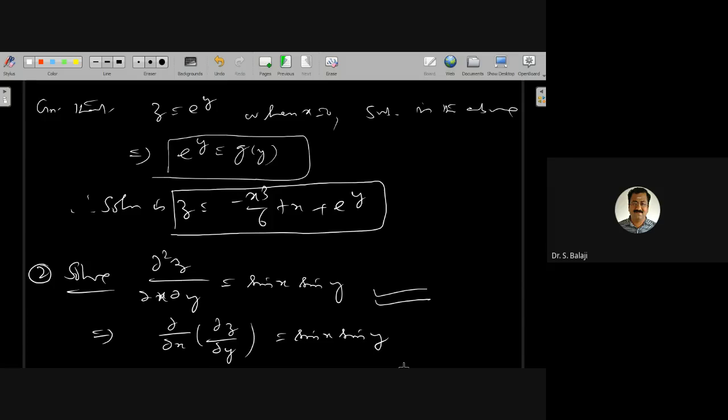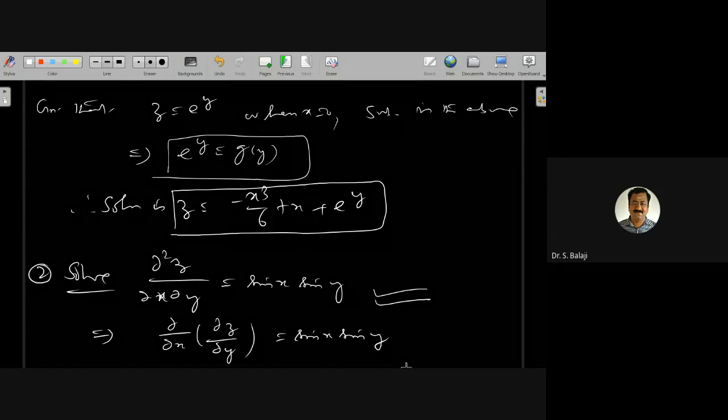Similarly, another one. Integrate with respect to y partially. You can get minus cos x minus cos y.